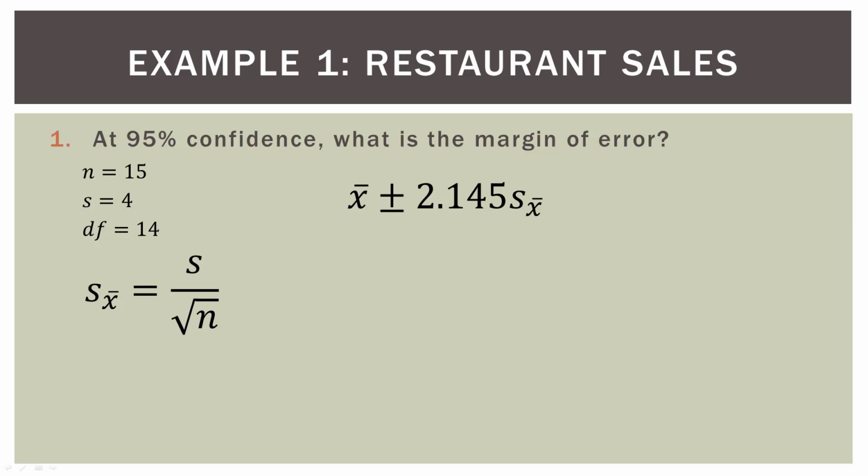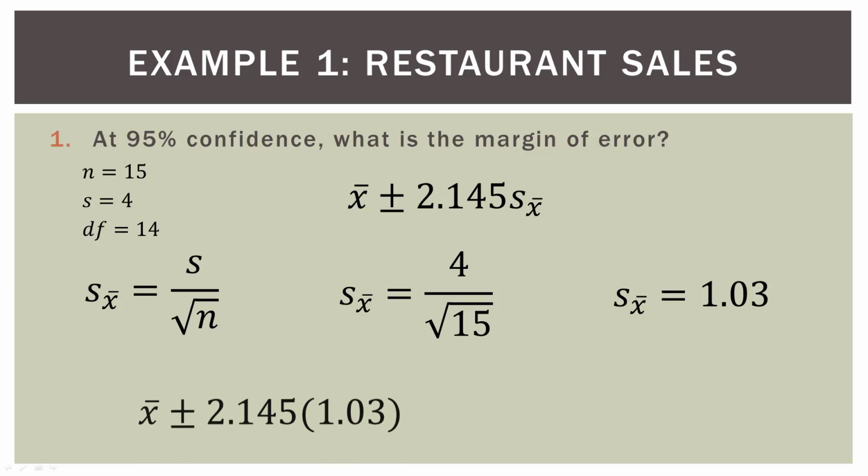Now to find our standard error, we use the sample standard deviation, which is S, divided by the square root of the sample size. So we know that that is 4 divided by the square root of 15. So that is 1.03. So in our margin of error up here, where we have S sub x, that's the standard error of the mean using the sample standard deviation, we have 1.03.